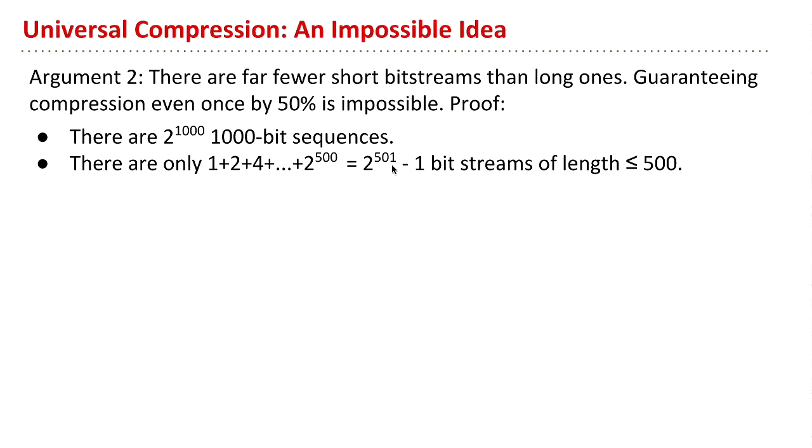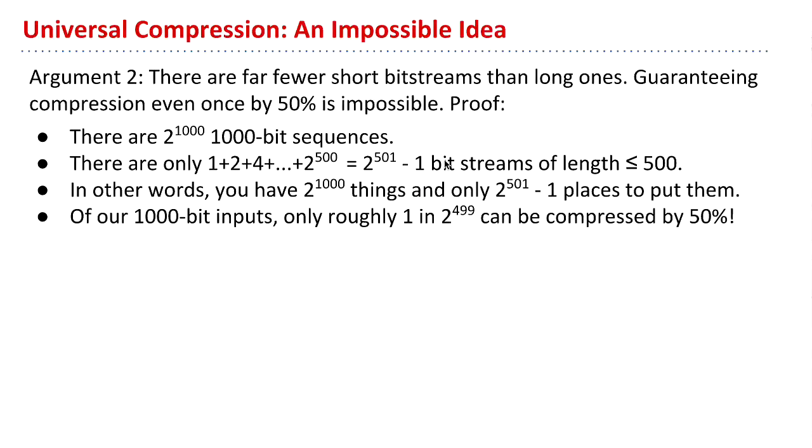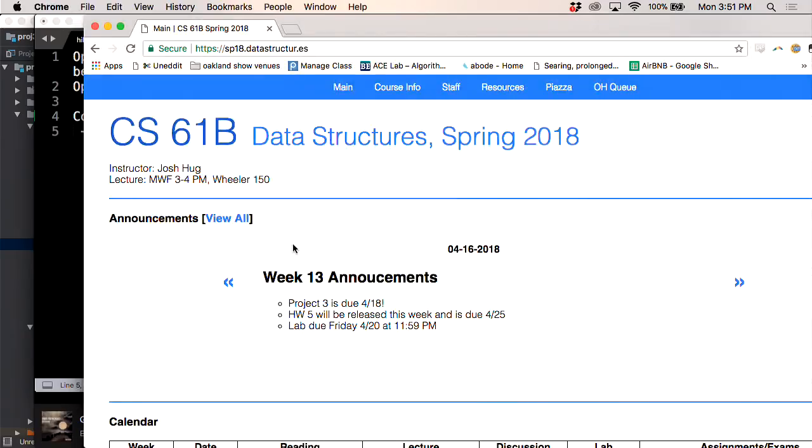And this number, while it's exponential, so we don't really have a deep appreciation of it as humans, is far smaller than 2 to the 1,000. So in other words, you have 2 to the 1,000 things and only 2 to the 501-ish places to put them. And so what we could say is just by chance, if we took an arbitrary 1,000-bit input, I just go and I slam that, and I get some number of bits.